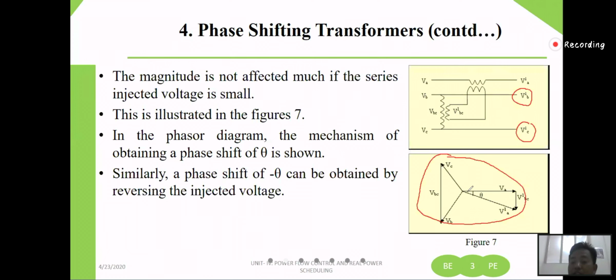These are the original voltage VA. By introducing this phase shifter, or phase shift transformer, you will have a phase shift, let's say it is theta.